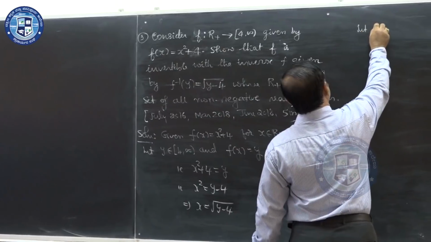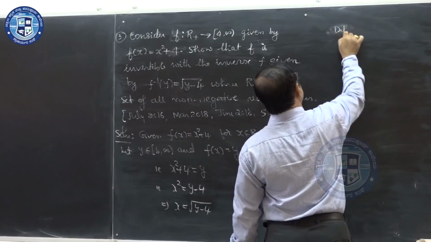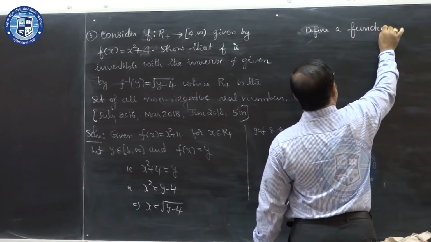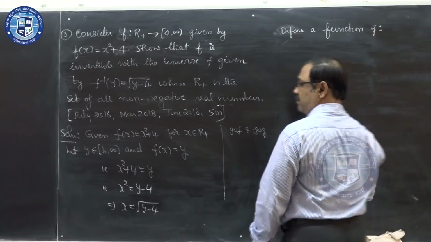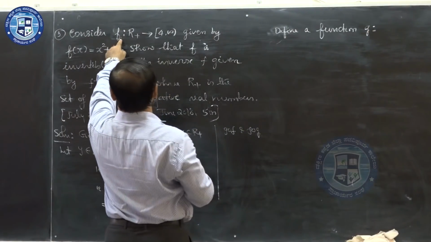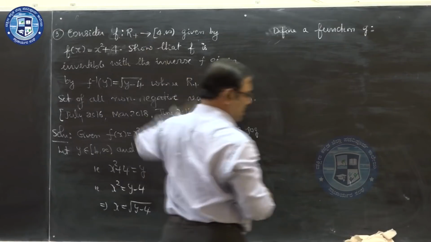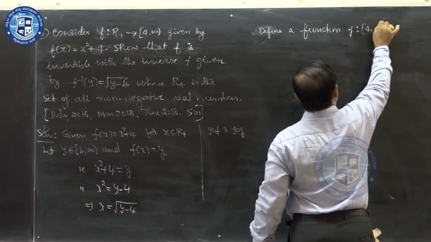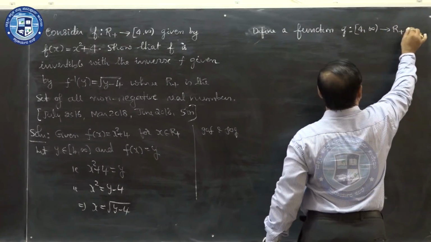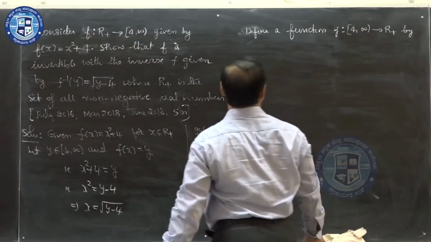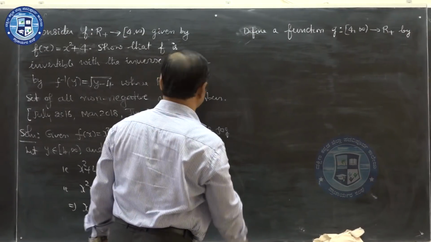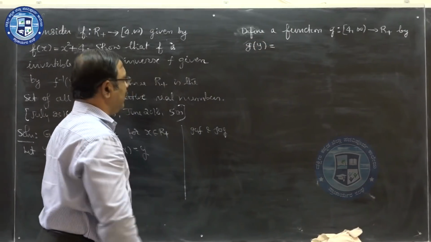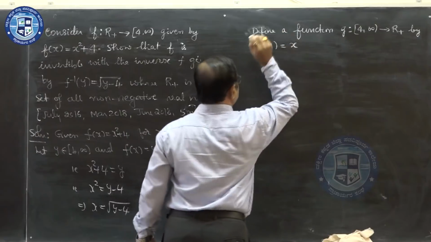Now, let's define a function g from, see, f is defined from R plus to this. So, g from 4 infinity to R plus by g of y is equal to x.